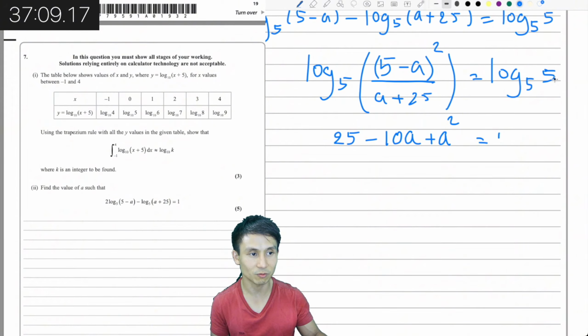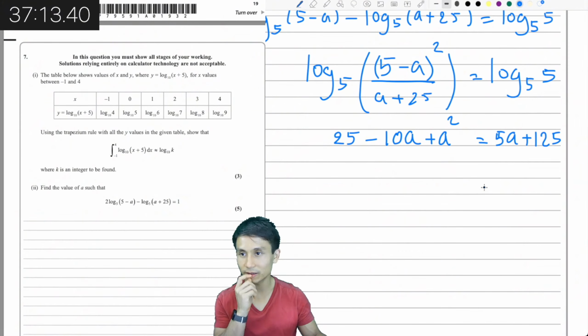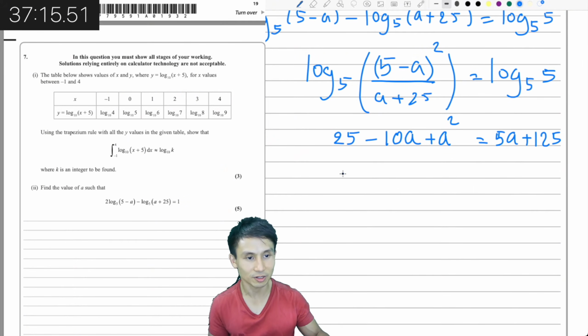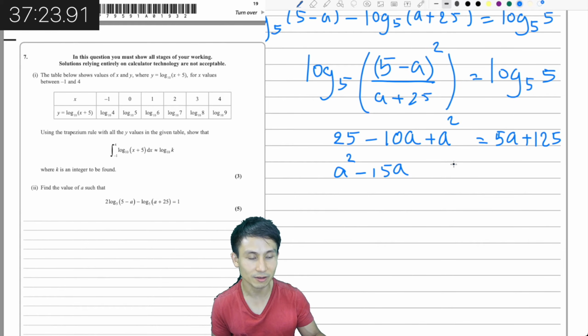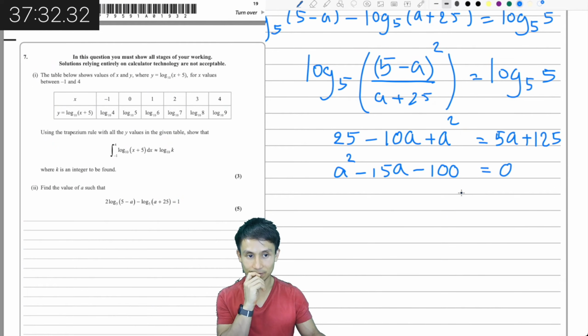So multiply with the 5 here, you get 5a plus 125, right? Okay, just skip some steps here. And now simplifying, I have a squared, moving 5a to the other side, I have 15a. Moving 125 to the other side, subtract 125, I get a minus 100 here, equals 0. All right.